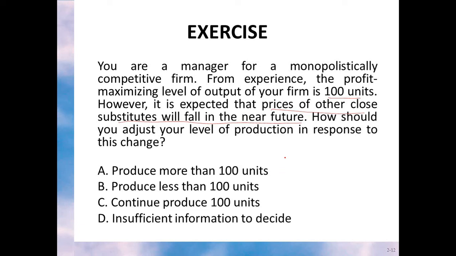The demand, if we are the substitute, is expected to decrease. So how should we adjust? Of course the answer is B, right? Produce less. Because we should expect that the demand for our product will also drop because we are substitutes and our rival reduced the price.